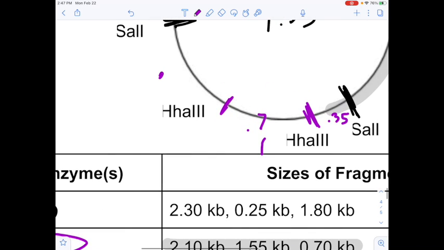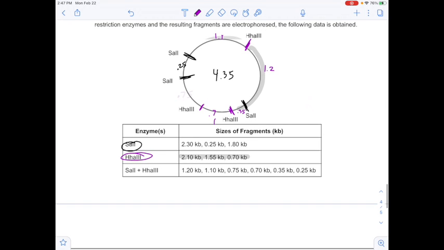And then 0.75 would go here. Yeah, let's just do the math really quick for that. Make sure that adds up. 0.75 plus 0.25 plus 1.1 equals 2.1. Yeah, so that's where you get the 2.1 again, and the 1.55 is there, and the 0.7 is there. Good. Sorry, I just had to check my work, I guess.